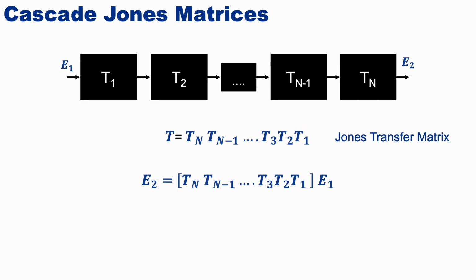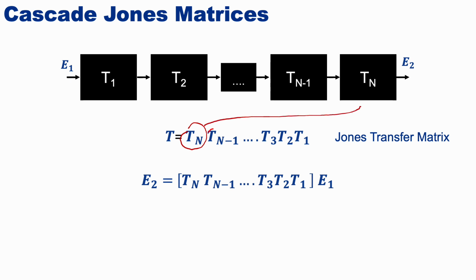So in general, what you have in the system is more than one polarizing element. So what you need to do is apply the cascade. They're going to go one element after the other. So what is important here, and this is like what we did with the ABC matrix, is that the order matters.